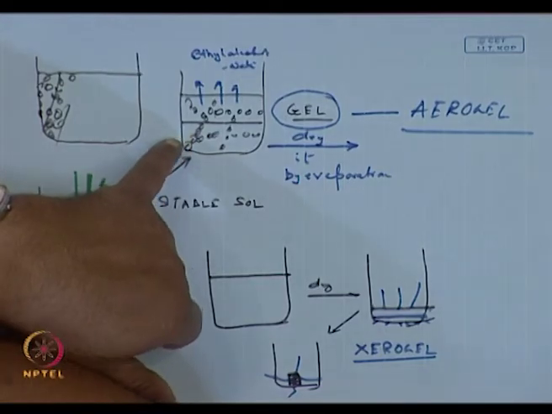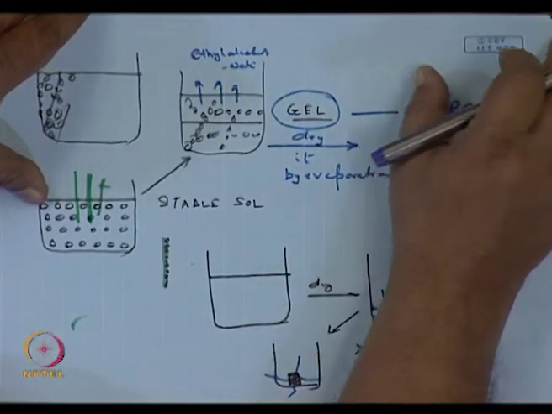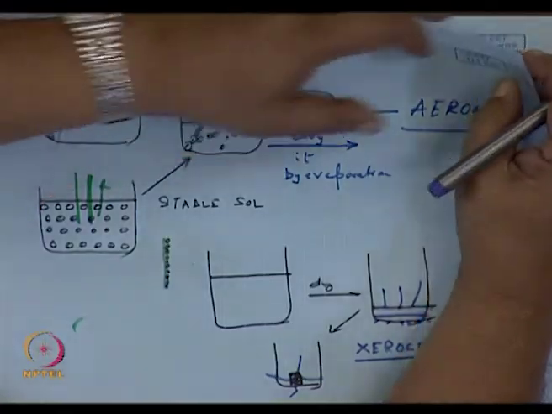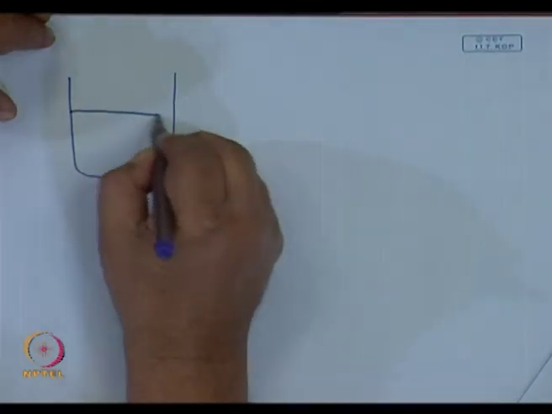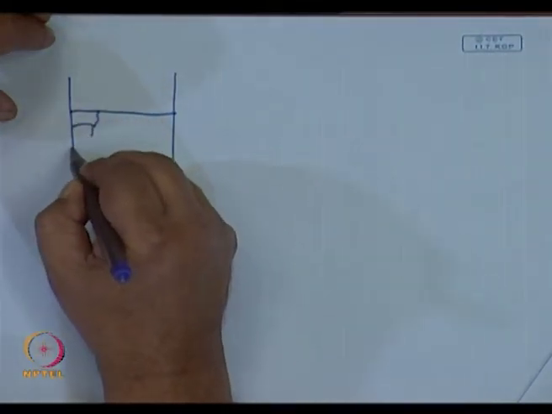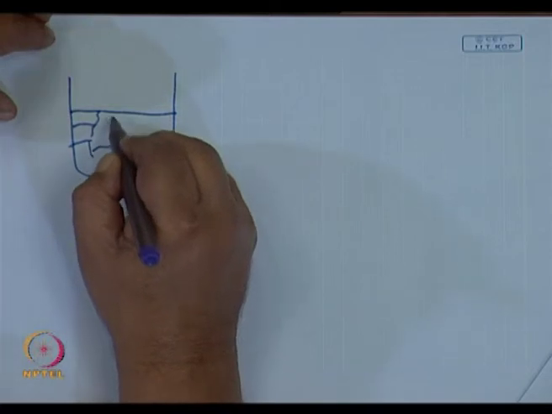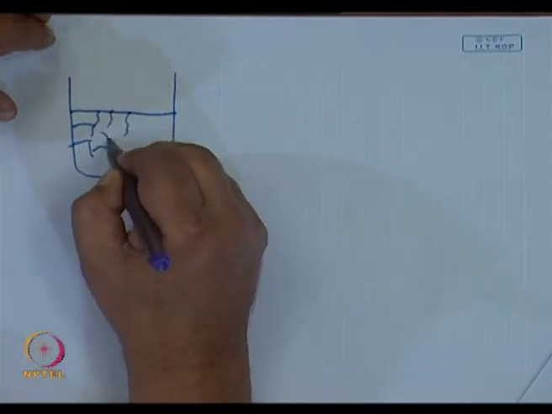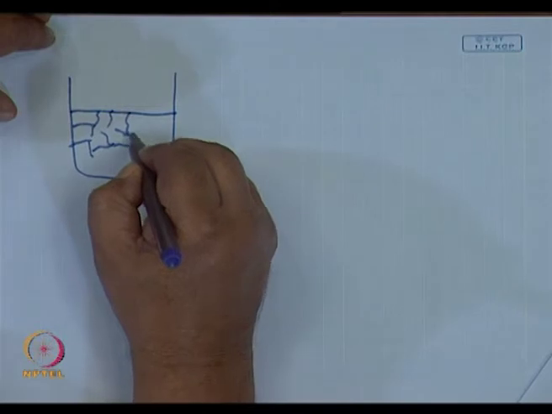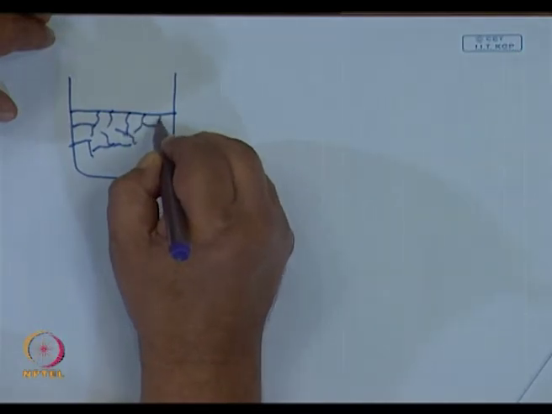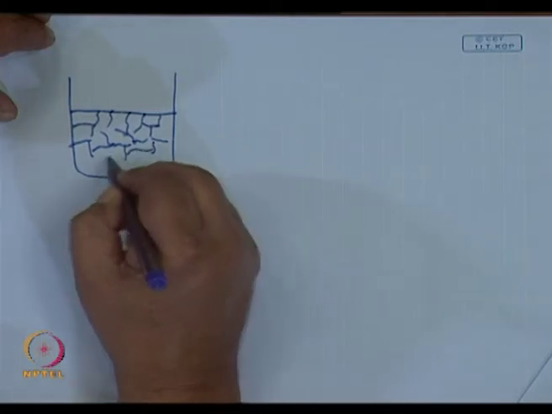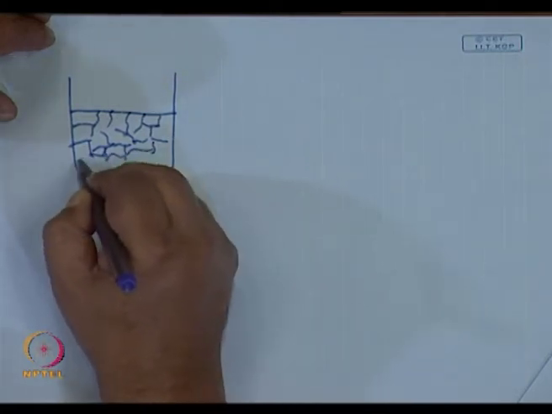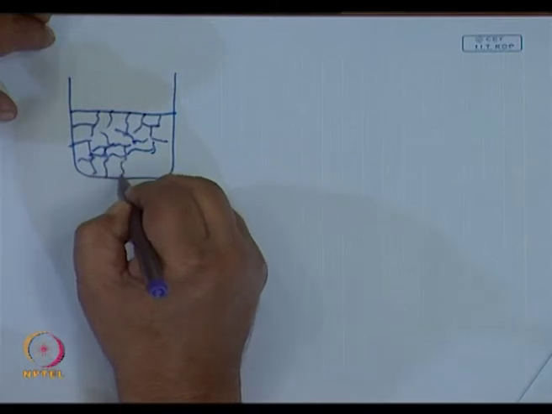Firstly, I had a gel which was basically a network structure of arranged molecules or polymer chains which had a huge amount of solvent occluded in it, but it was rigid enough so that it formed a gel.